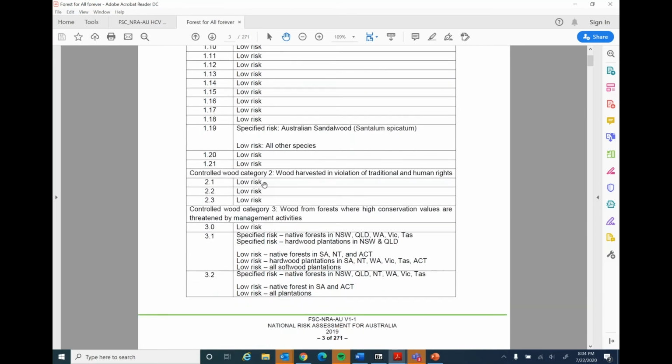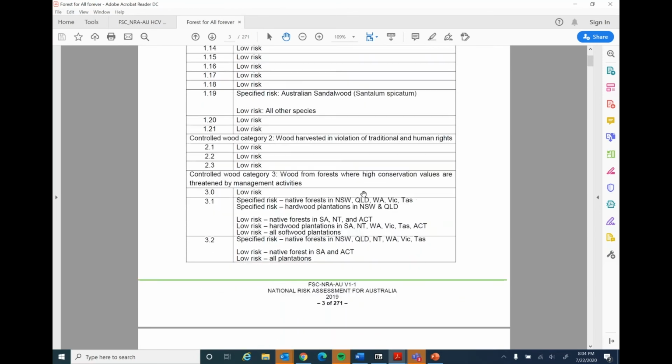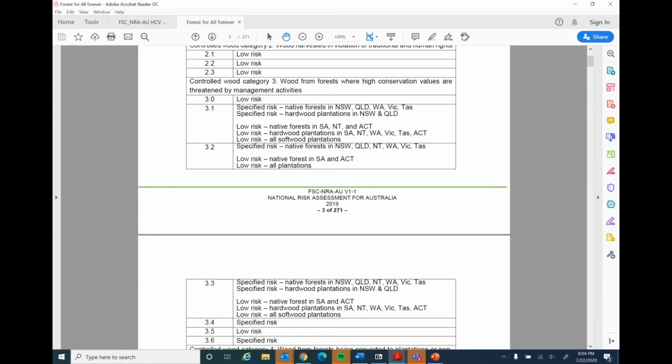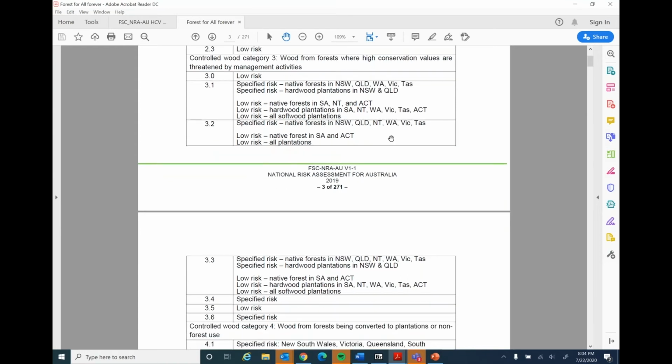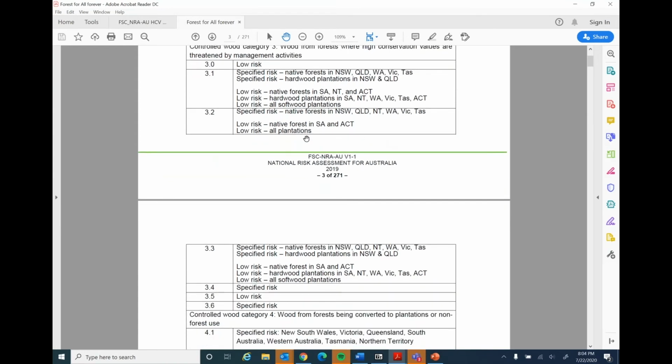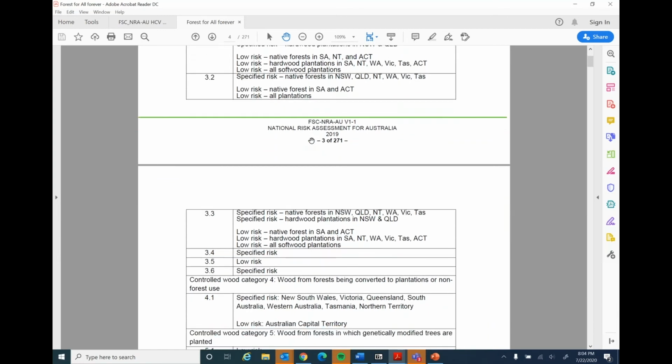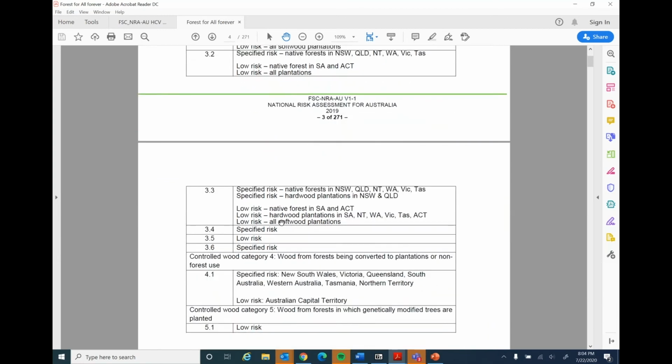Category 2, there's low risk across the board. Then you get into category 3 where there's quite a bit of specified risk. But if you start looking at it, there's low risk here. 3.1, low risk for all softwood plantations. So if you're sourcing pine from Queensland, you're fine. Again, 3.2, low risk. 3.3, I believe that's low risk as well.